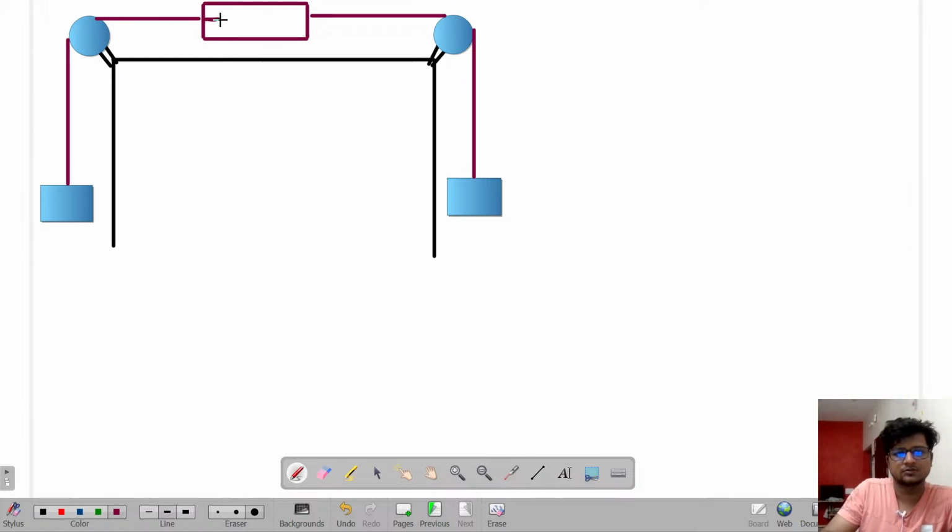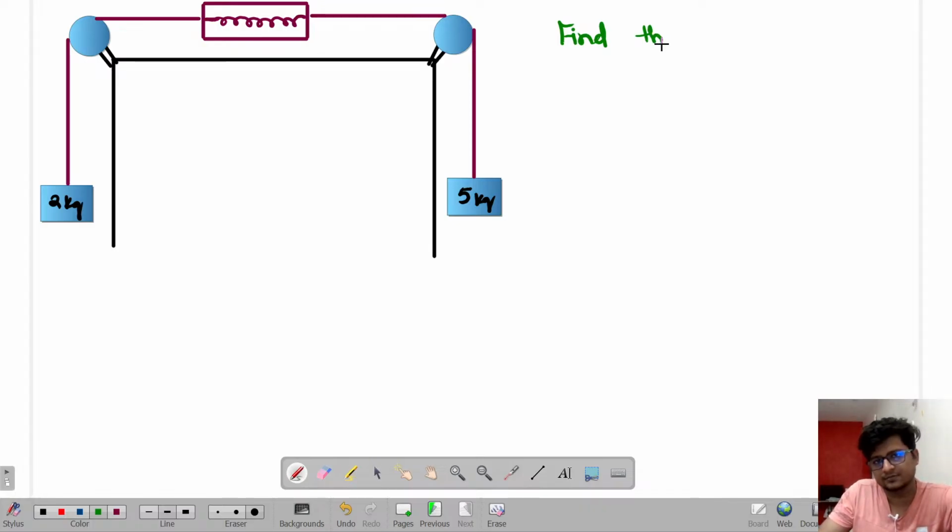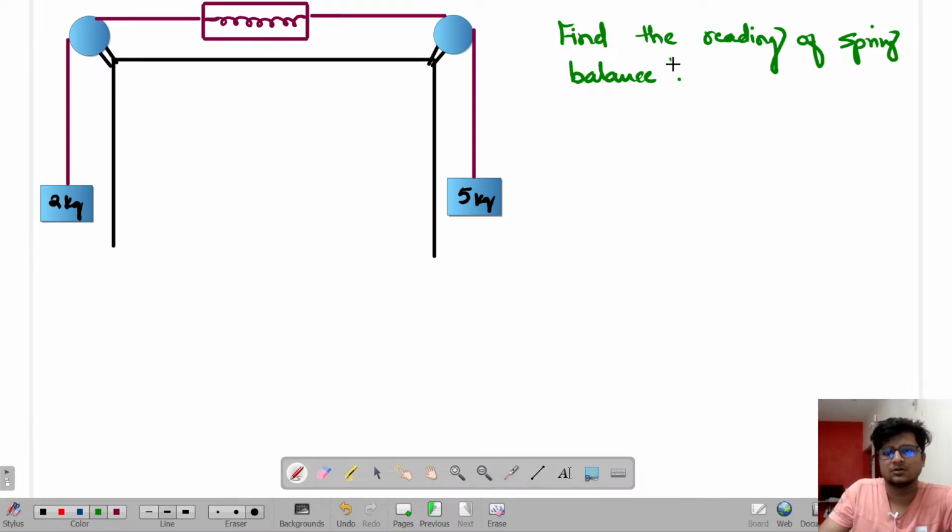And this mass is 5 kg, and this mass is 2 kg. Okay. Then the question is, find the reading of the spring balance over here, if every surface is smooth. Find the reading of the spring balance. Be fast.